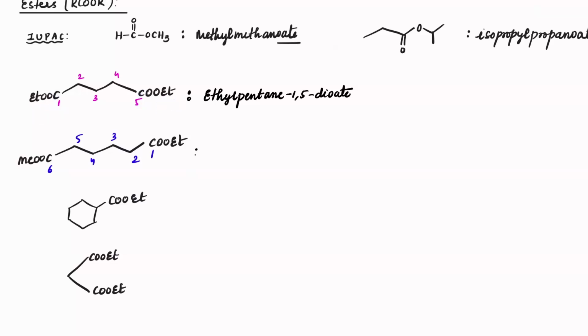But if you have two different groups, we represent it as 1-ethyl, 6-methyl, and then we have hexane: 1-ethyl 6-methyl hexane-1,6-dioate.